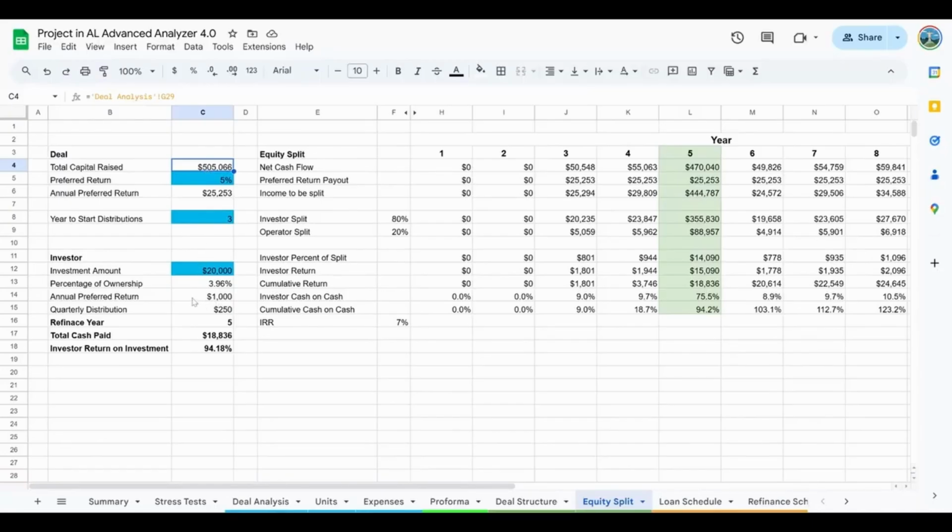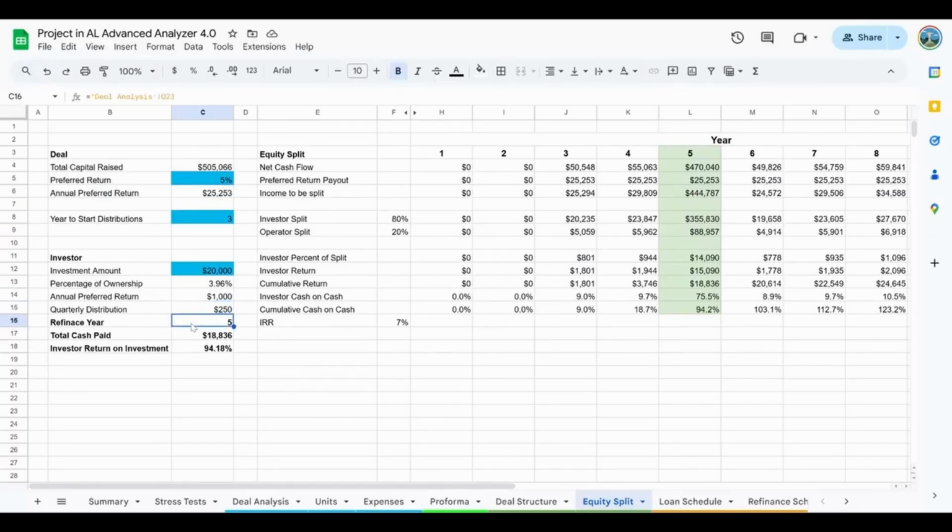And here is how they will perform annually. The annual preferred return will be $1,000, which is about 4% of the annual preferred return. And then on a quarterly distribution, they're going to get $250.